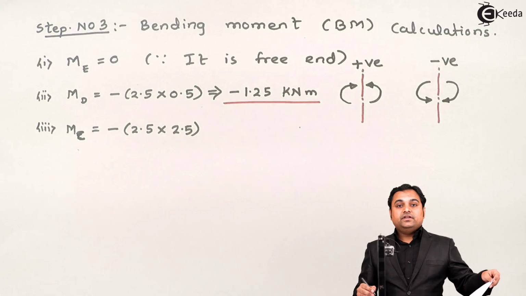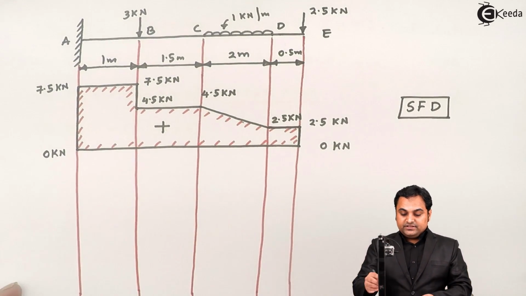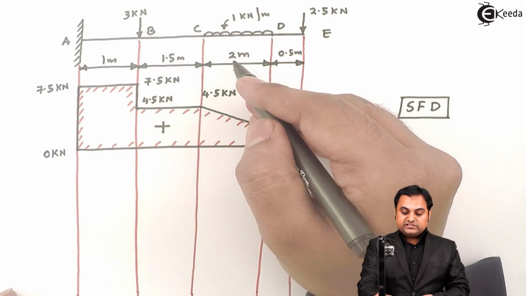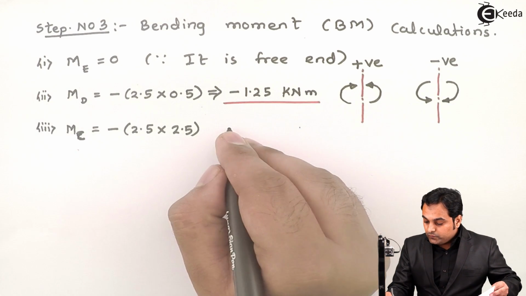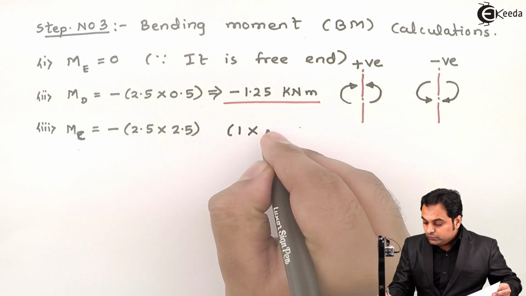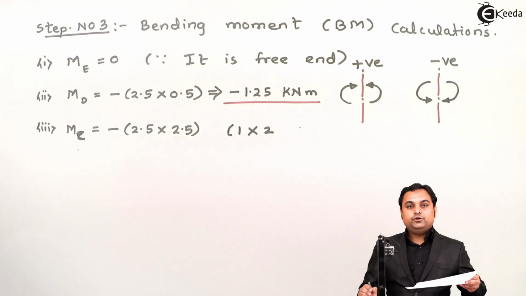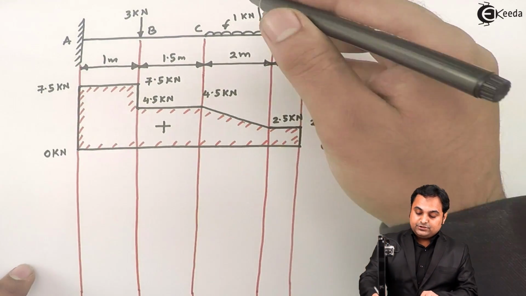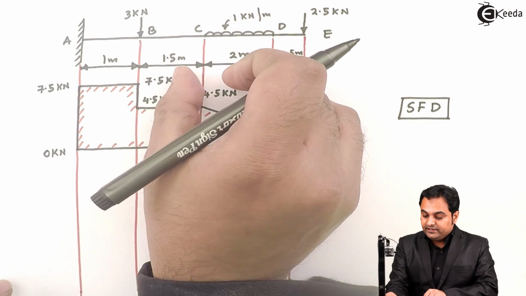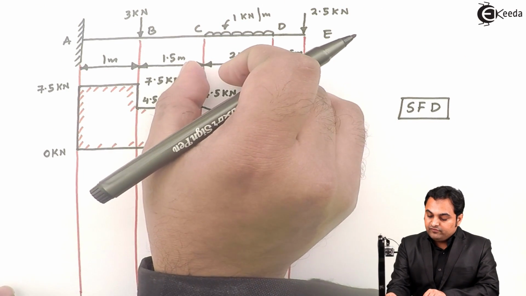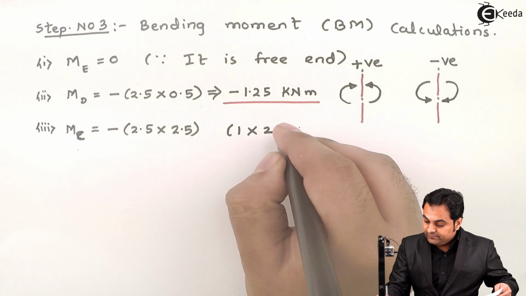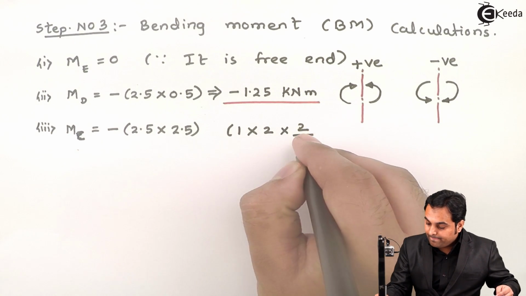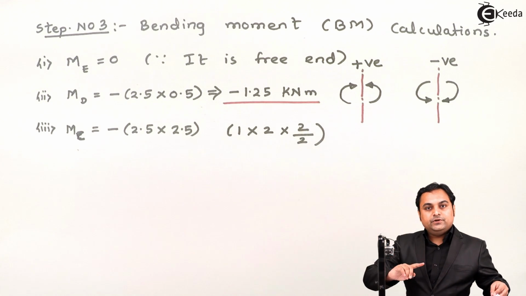And then there is the UDL. This UDL value, first I'll convert it into point load, that is 1 into 2. So 1 into 2 UDL is converted into point load, and that point load will be acting at half of 2, that is 1 meter from point C. So when I take the moment, the distance is 1 meter, and it is producing clockwise.